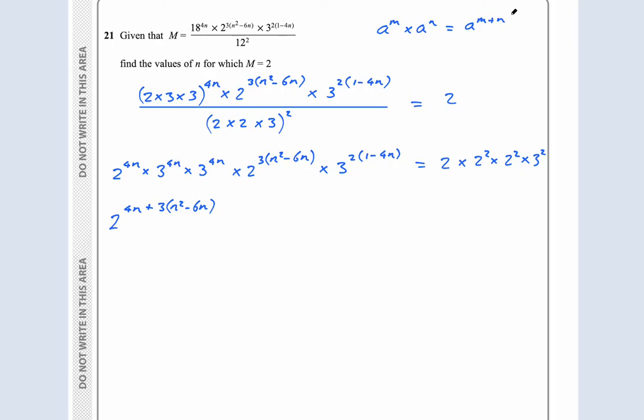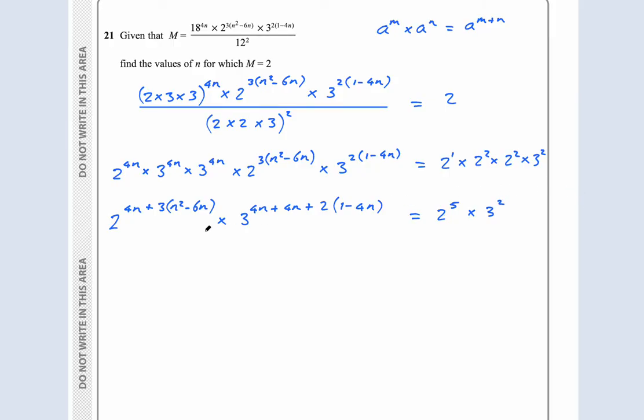So I've added this plus this. I'm also going to add the powers of the 3's. So this is 3 to the power of 4n plus 4n plus this, 2 times (1 minus 4n). I'm going to do the same over here. This is equal to 2 to the power of, that's a 1 if you like, 1 plus 2 plus 2 is 5, and then it's just 3 squared on its own there.